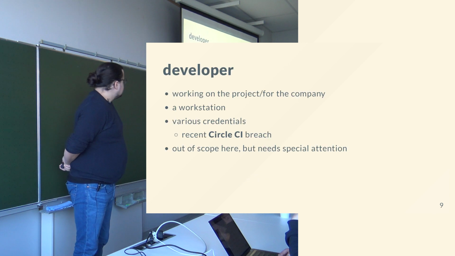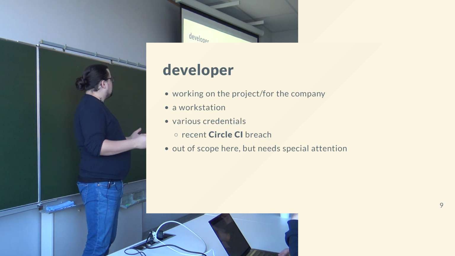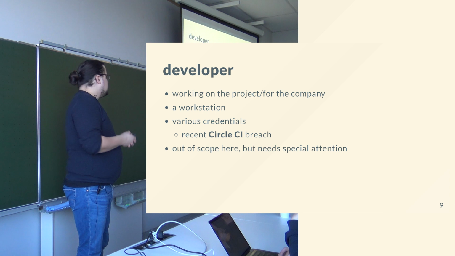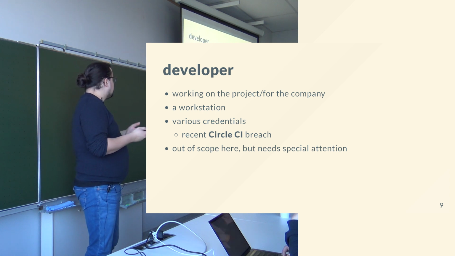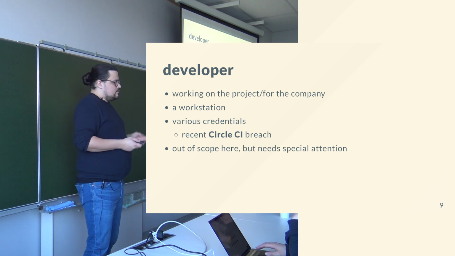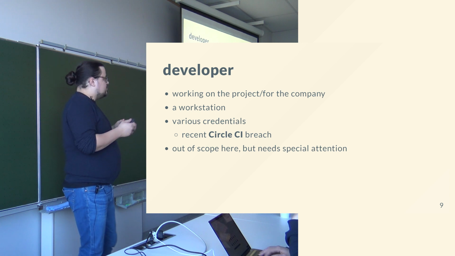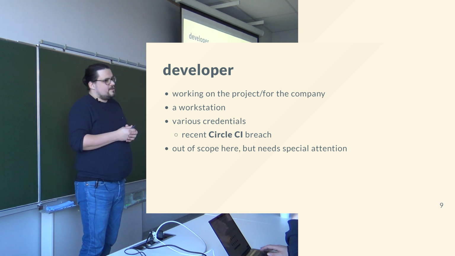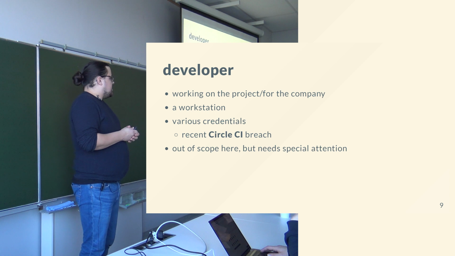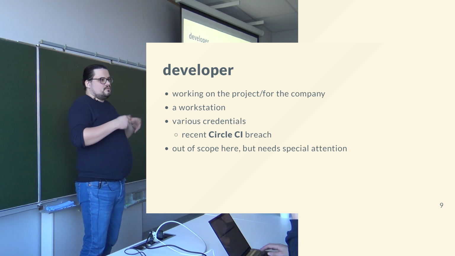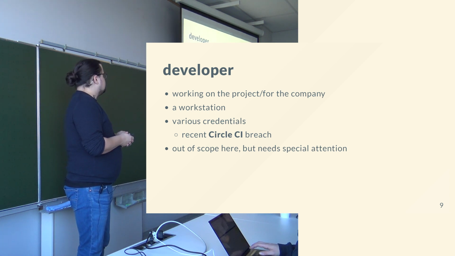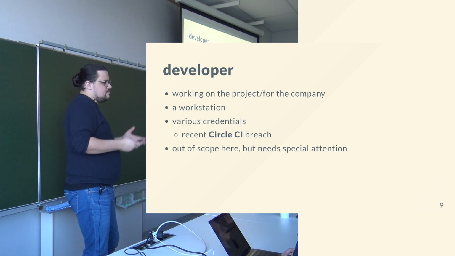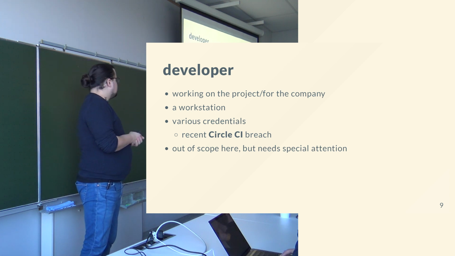So this is the first part. He's working on the infra management project or for the company. He has a workstation with a lot of privileges, and that's maybe the first vulnerability here. And he has a lot of accesses to a lot of systems. It's often underestimated, but it actually causes a lot of problems.